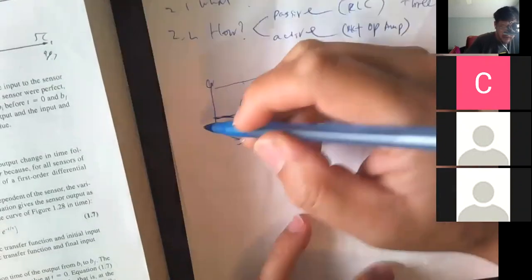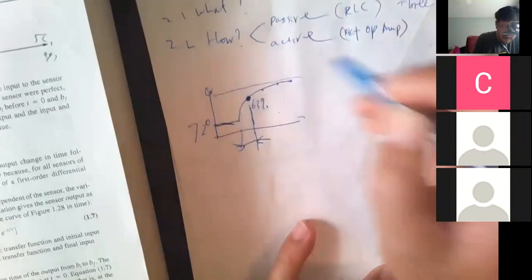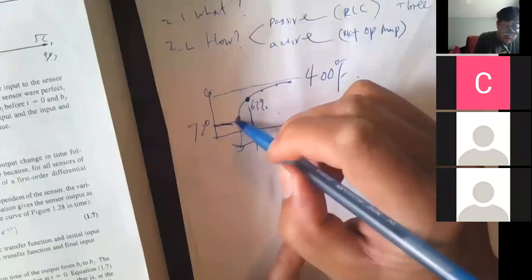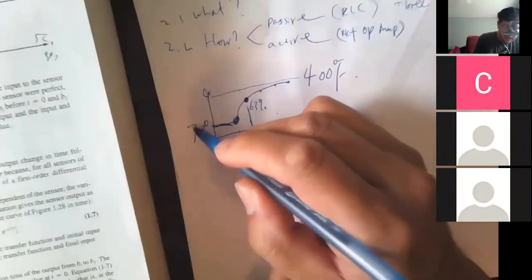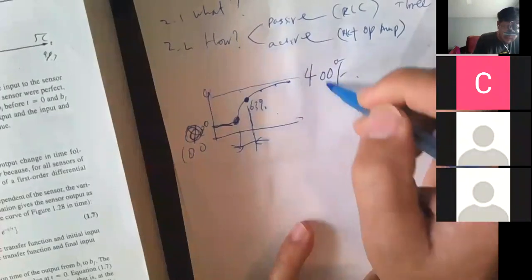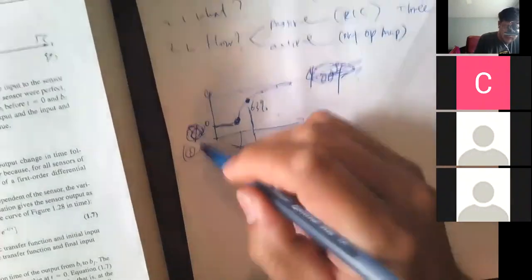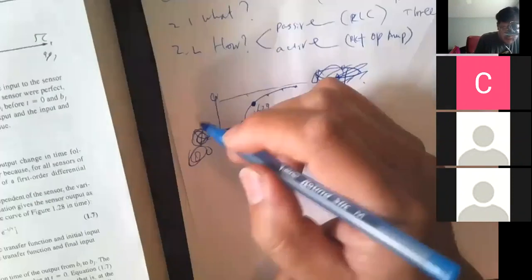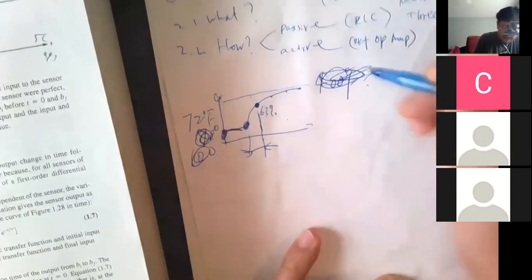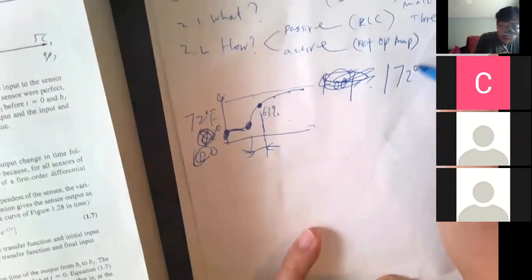So this is, for example, room temperature, and this is the 400-degree temperature. Let's make it easier. I want to make it easy, so I will change it to 72 degrees here. We started at 70 degrees and ended at 172 degrees.